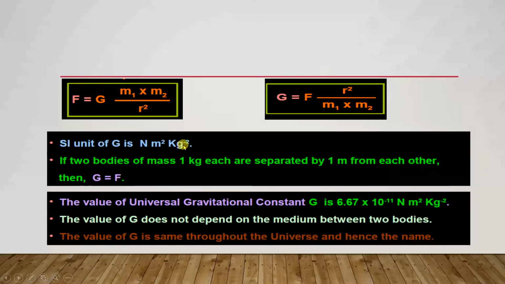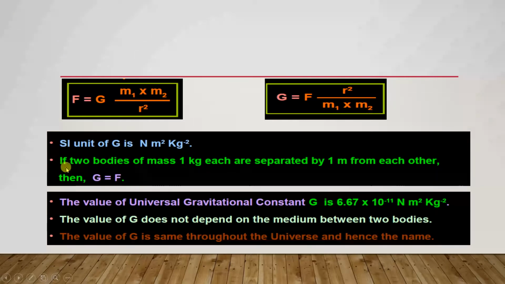It is in the denominator, so we'll write kg raised to power minus 2. And this can come as a question in the paper: the gravitational constant will be equal to the gravitational force when the distance between them is 1, and the masses of both the bodies are also 1 kg.